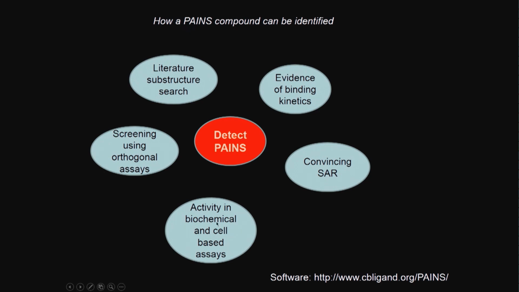Activity in biochemical and cell based assays. So, you do the biochemical and then go to cell based assays also. Screening using an orthogonal assay. So, okay, you have found a hit in one particular assay, now try an assay which is totally different, orthogonally different, and then see whether your compound shows activity. Convincing SAR.